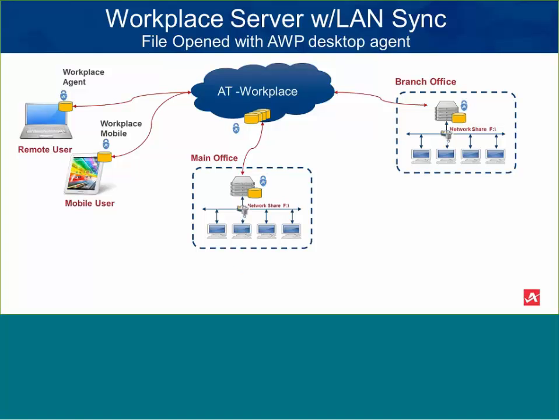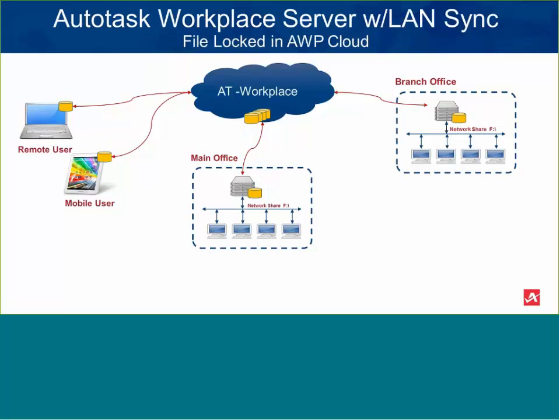And what typically is going to happen is when a file is opened on a user's laptop where they have the workplace agent, it's going to propagate that lock across that file across each of the users who may then want to access it. So whether it's opened at the desktop or perhaps you've got a LAN user that actually will go in, you'll have a web browser-based user who might be using any browser of their choice to access a file in the cloud.